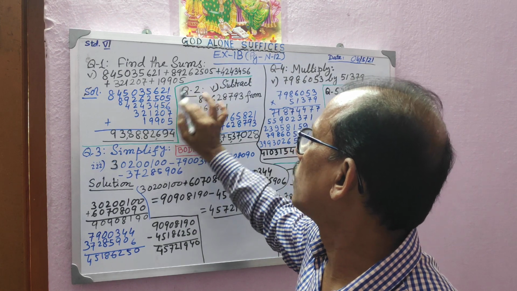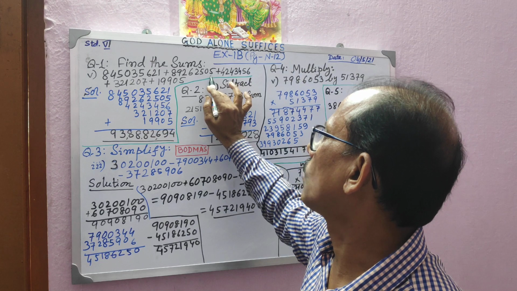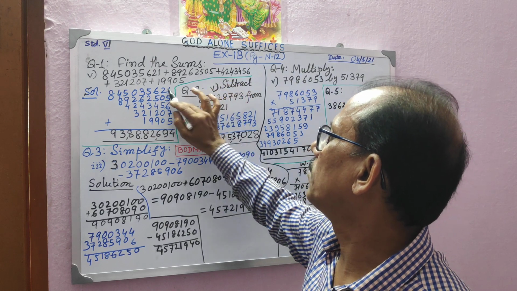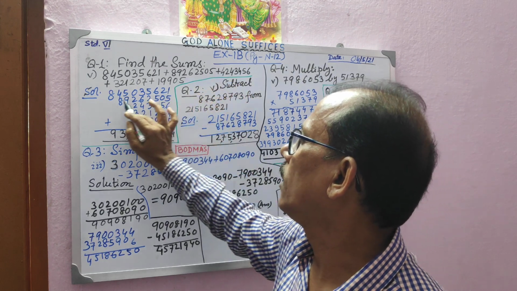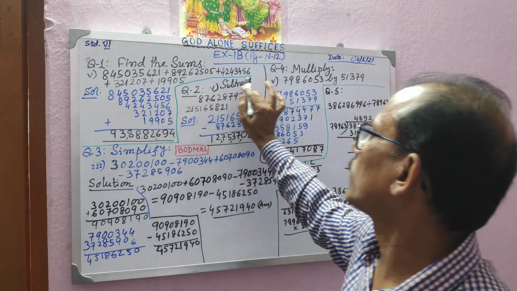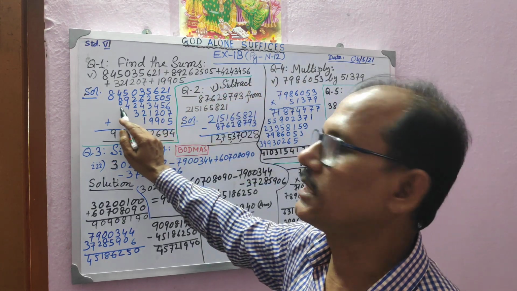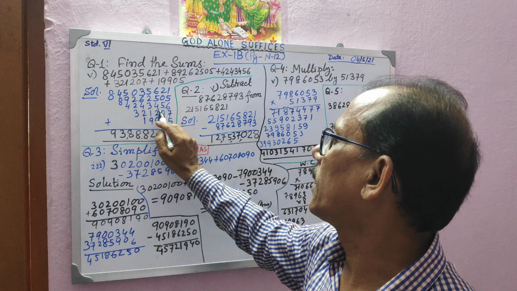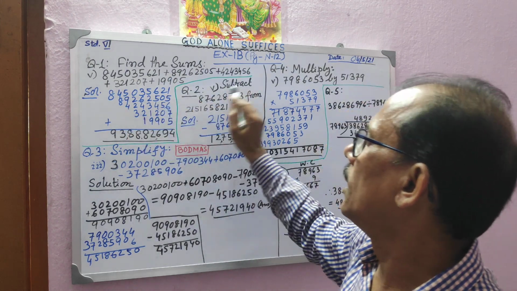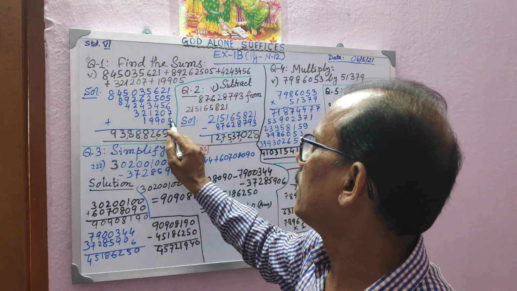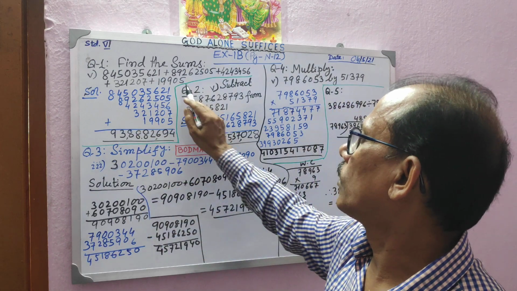Below ones, write first the ones of the next addend, then below that 2, 0, like this you fill. The second addend you fill. Go for the third addend. From the ones to the highest place value you go 6, 5, 4, 3, like this you do. Understood? Now go for the fourth addend.